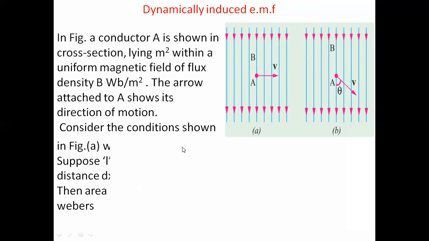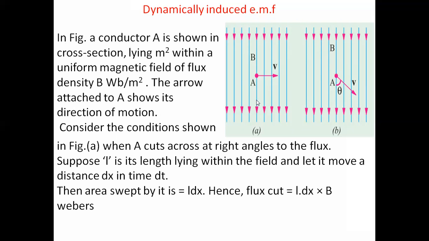Consider the condition in figure A when A cuts across at right angles to the flux. The flux is from top to bottom, and the conductor is moving from left to right, so the conductor will cut this magnetic flux. Suppose L is the length lying within the field, and let it move a distance of dx in time dt.